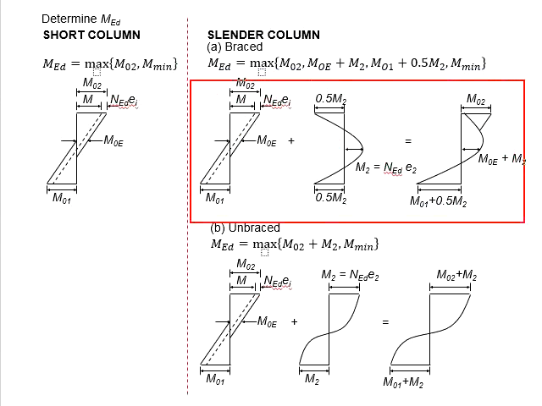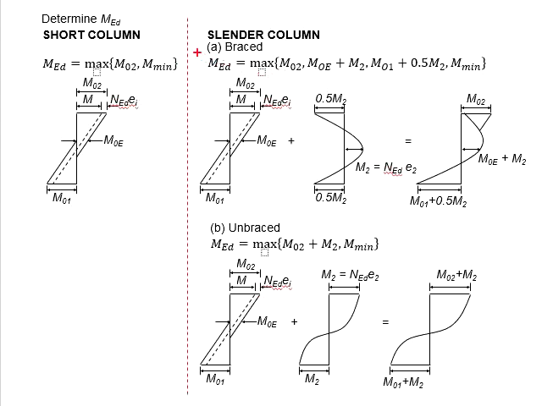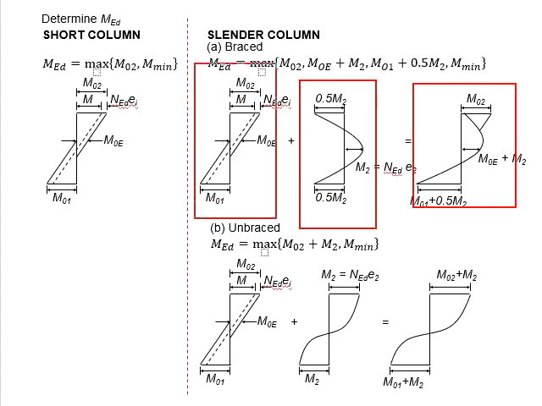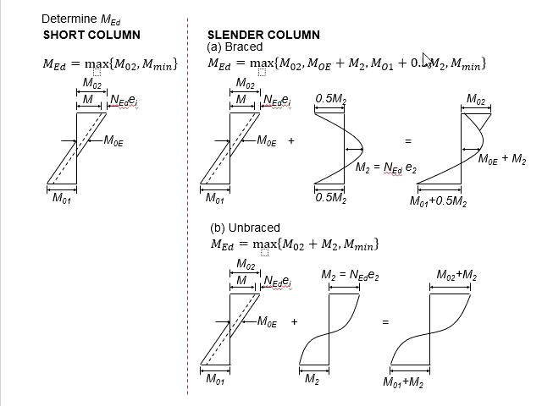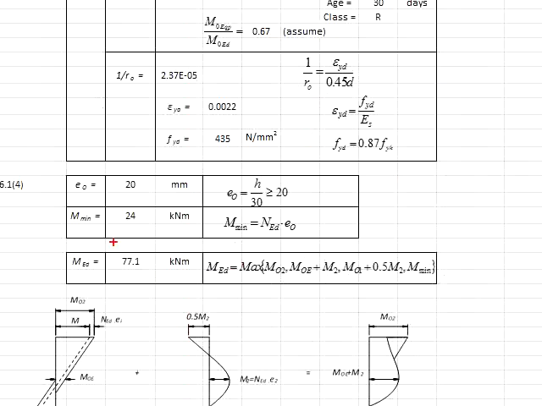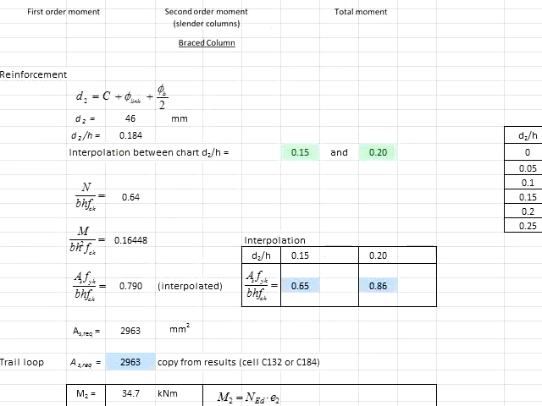Refer to the diagram here. The MED will be the larger value of this, and also M-mean. These values are actually determined from the superposition of the first and the second order moment. And your MED now is found to be 77.1 kilonewton meter. Next, you need to refer to the chart of the design columns.